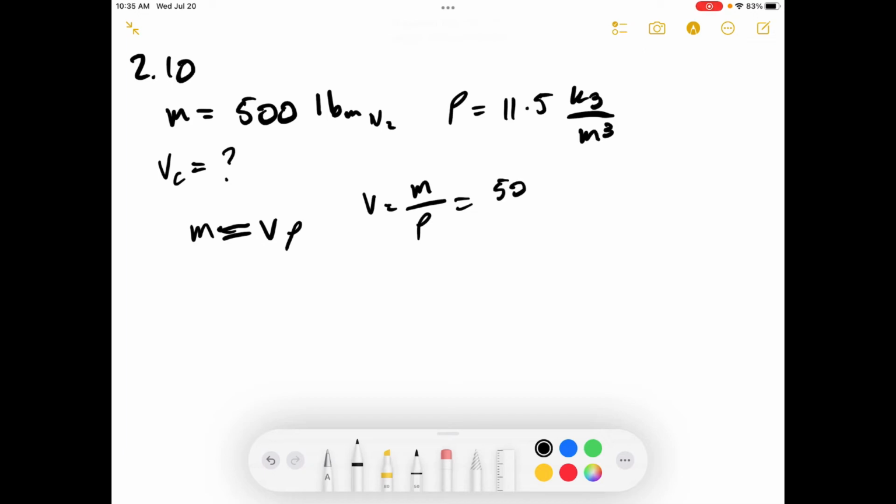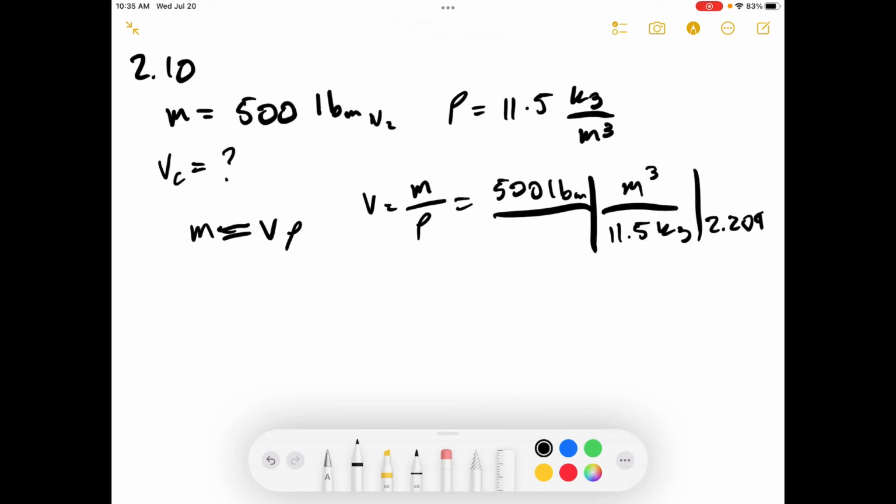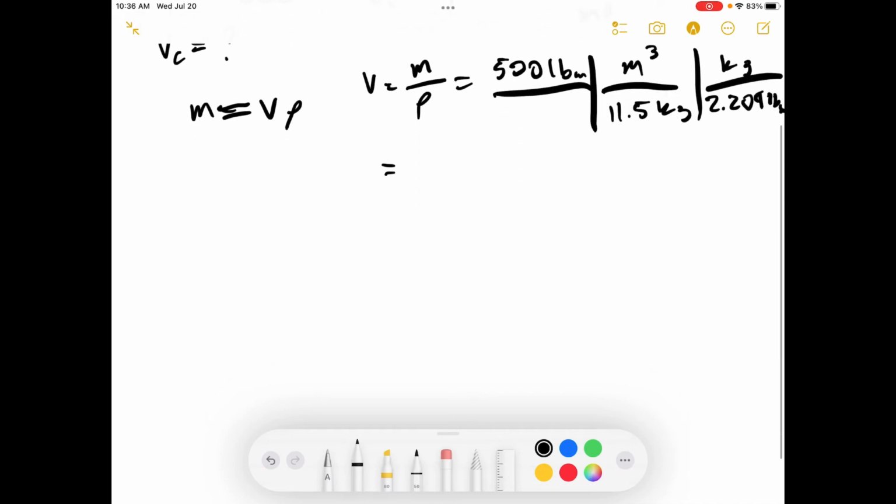Mass is 500 pounds mass, and we've got 11.5 kilograms per meter cubed, and we've got 2.204 pounds mass per kilogram. If we used a calculator at this point, we would get what the volume is, but they said don't use a calculator, so we can just make nice even numbers that are easy to work with. So let's do that.